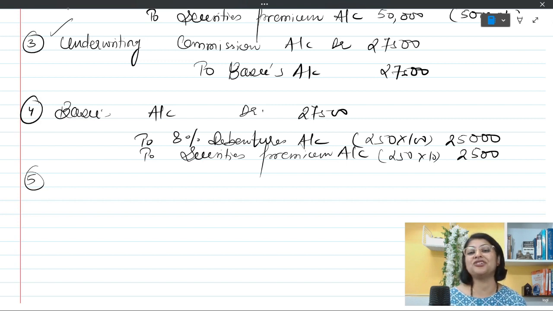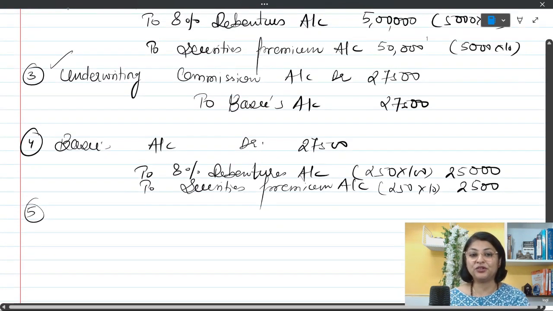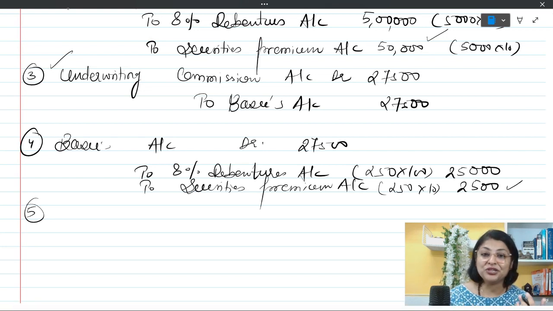And in this question we have presence of security premium reserve two times. Once we are issuing the shares to public, at that time 50,000 rupees, and here also 2,500 rupees. Enough amount is there, so write off the commission or underwriting commission 27,500.